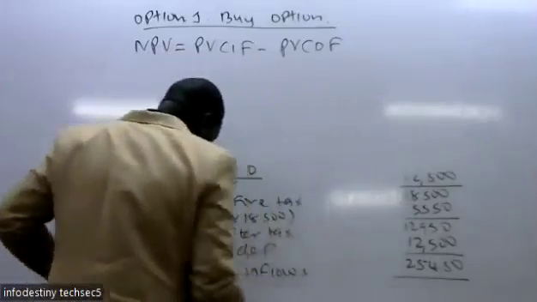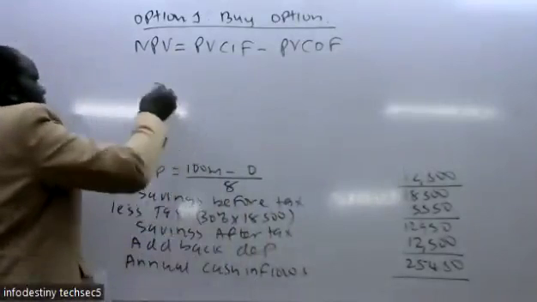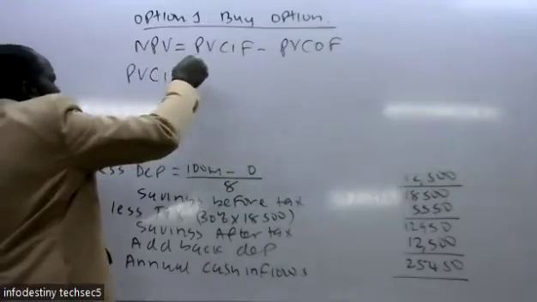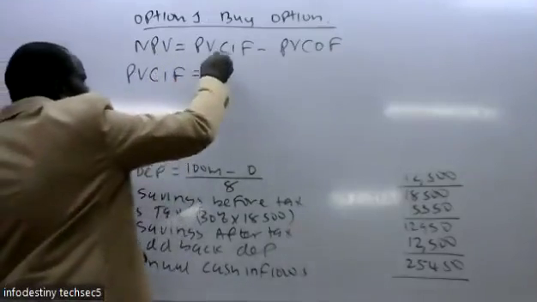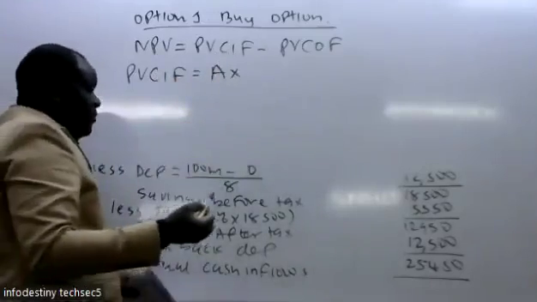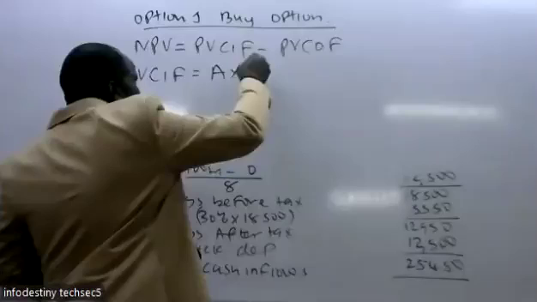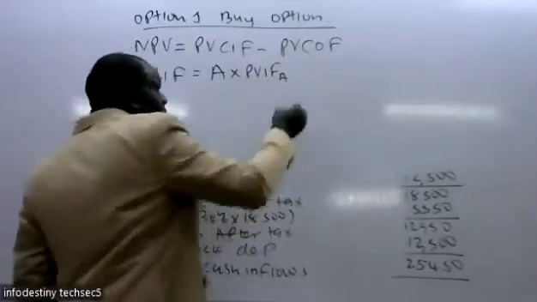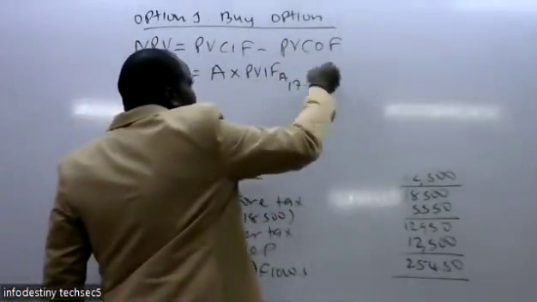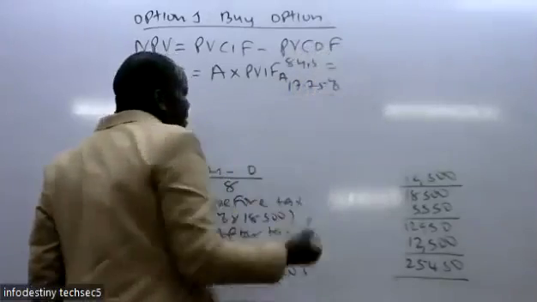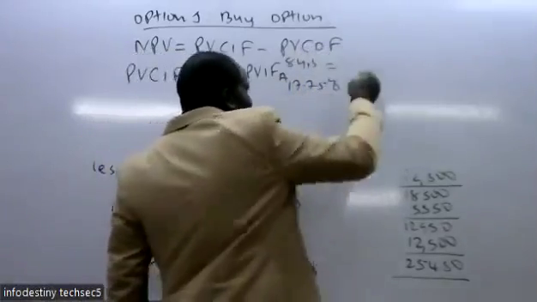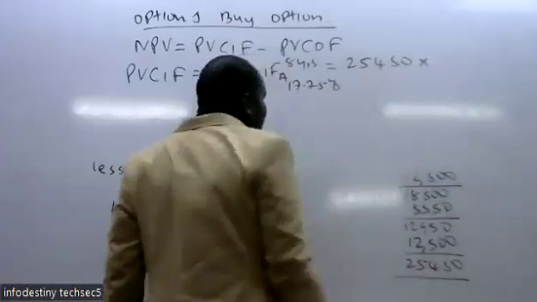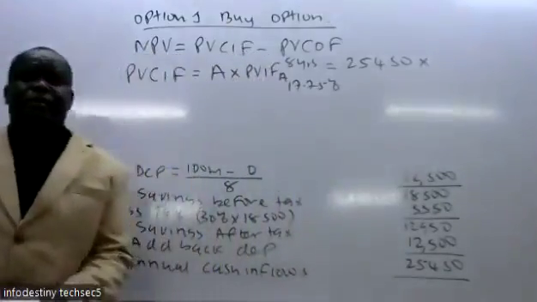We have said that NPV is given by present value for the cash inflows, whereby you take the annuity multiplied by the present value interest factor for the annuity. We have calculated it was 17.75% for 8 years. So annuity is 25,450. So 17.75% is not in the table.